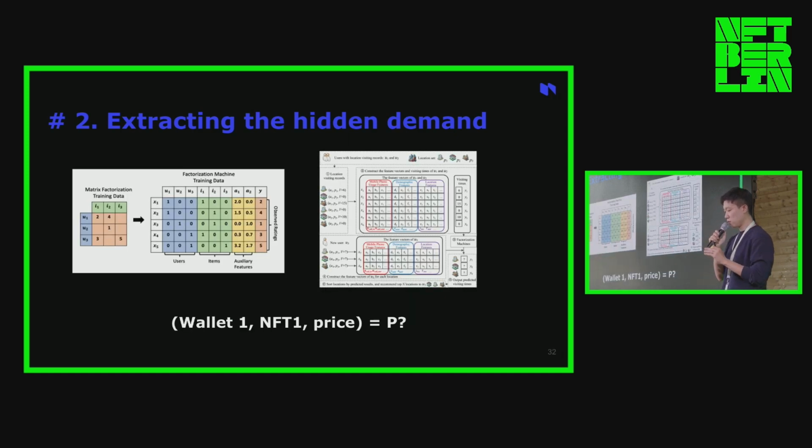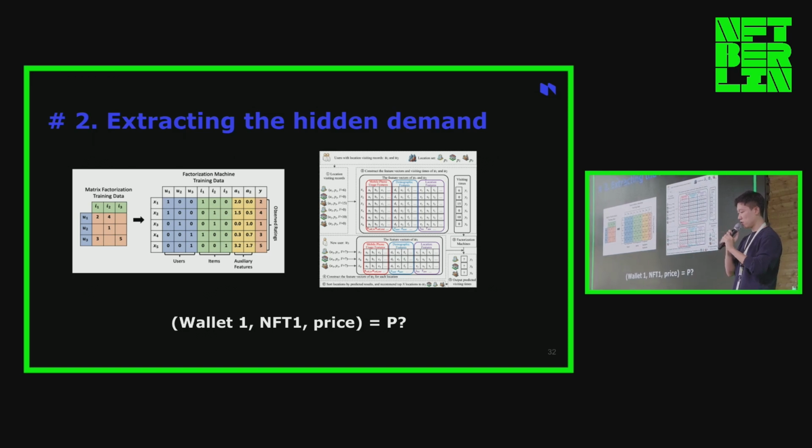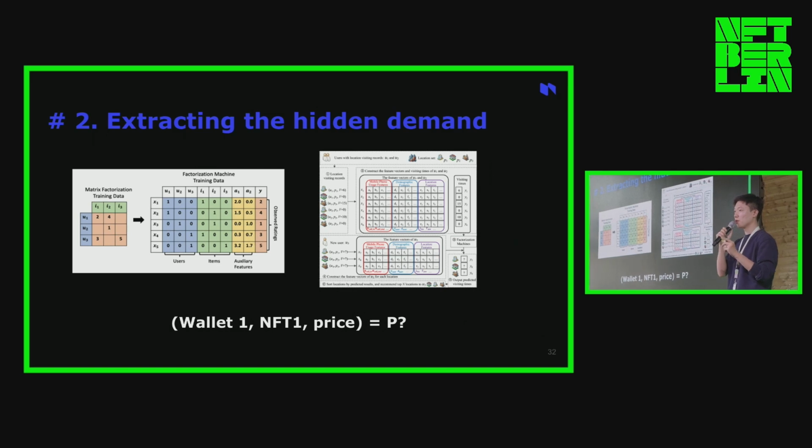The same is true for finding the demand for NFTs. Given a wallet, a certain NFT, and a certain price, how likely is this wallet going to buy this NFT? On the chart on the left, you can see the matrix. The blue matrix is a user embedding. These are the features you extracted from your user profiles: how often you buy, what NFTs you are buying, how much you spend, and how much balance you have in your wallet.